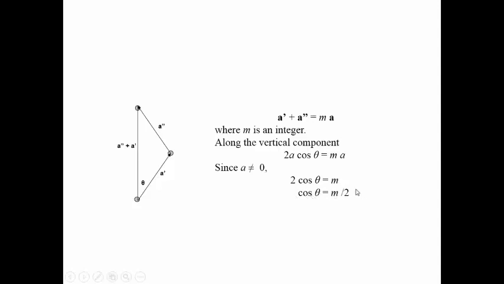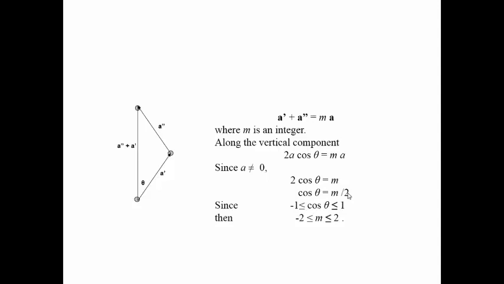That means that m over 2, which is equal to the cosine of theta, must also be between minus 1 and plus 1. So here we can write that out, substitute the m over 2 and multiply by 2. That means m, the integer, has to range between minus 2 and plus 2.